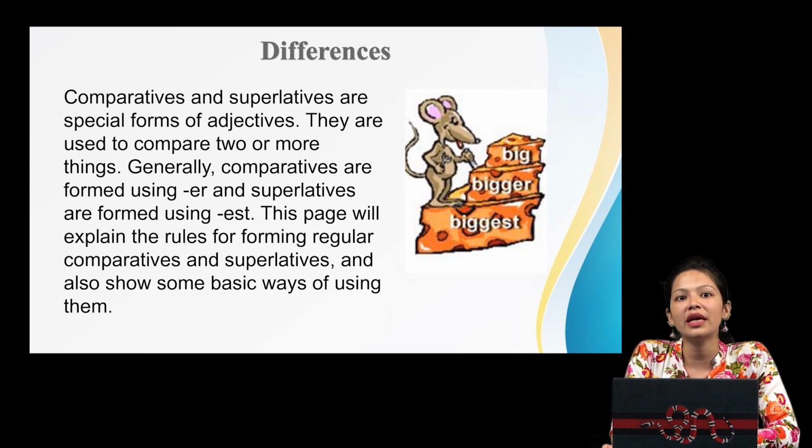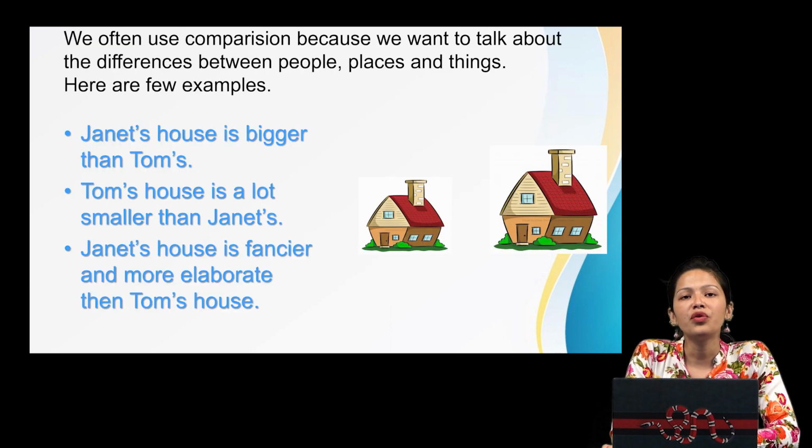So this page will explain the rules for forming regular comparatives and superlatives and also show some basic ways of using them. We often use comparison because we want to talk about the differences between people, places and things. Can you see the examples over here? Janet's house is bigger than Tom's. Tom's house is a lot smaller than Janet's.